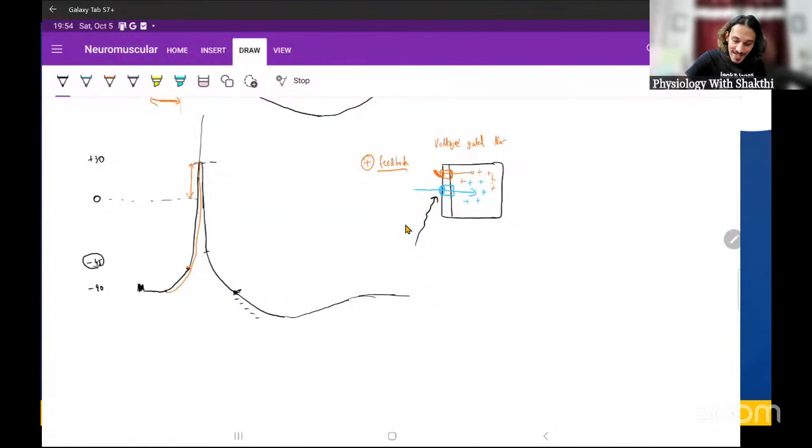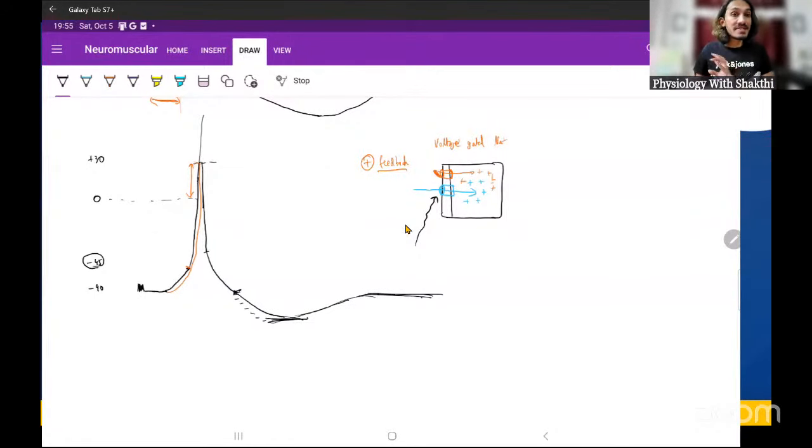It'll take some time before all the potassium channels are closed. In the meantime, a little bit of potassium kept going outside more than what was required, and it went further ahead. That is the reason for hyperpolarization. Then your sodium potassium ATPase comes and brings it back to your normal RMP level.